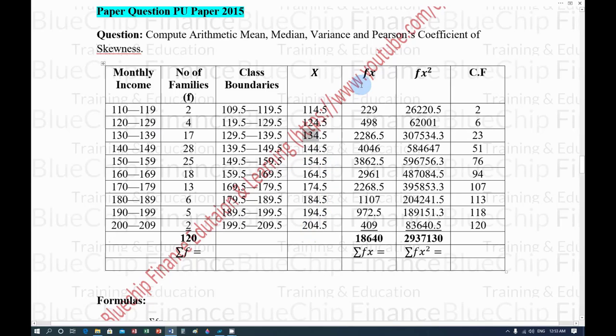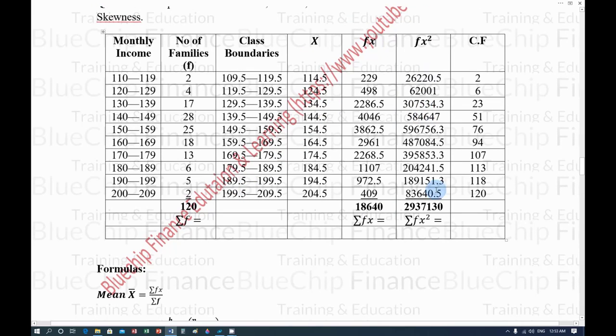And after that, fx: in order to obtain fx, simply multiply f with x and take the sum, that is 18640, and fx square is equal to fx multiplied by x. I already explained this, and the sum of fx square is 2937130. For cumulative frequency, take the first frequency, 2, and add all the upcoming frequencies to the previous total of cumulative frequencies.